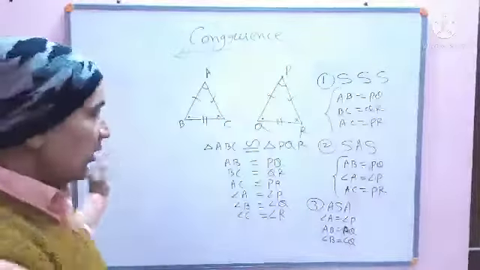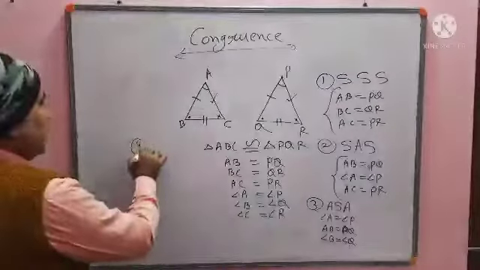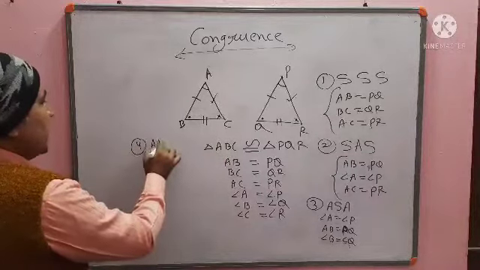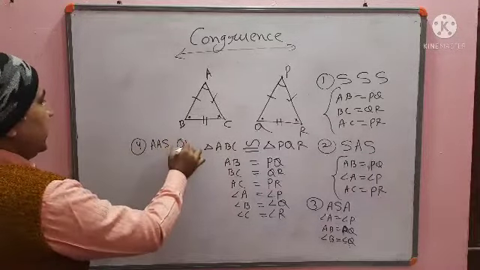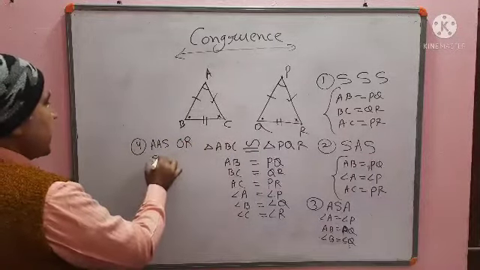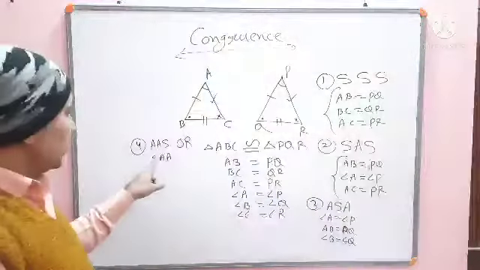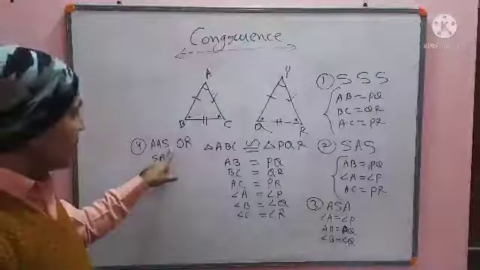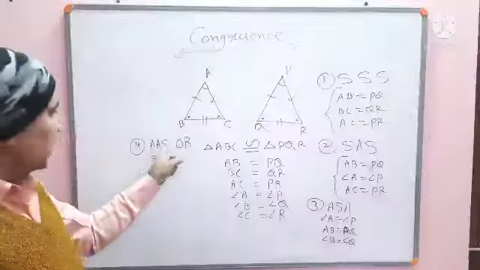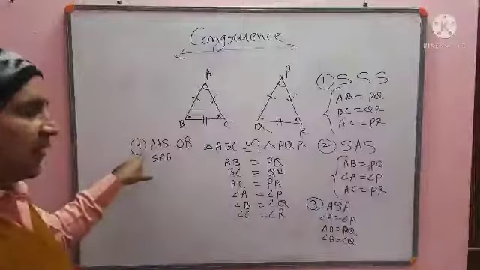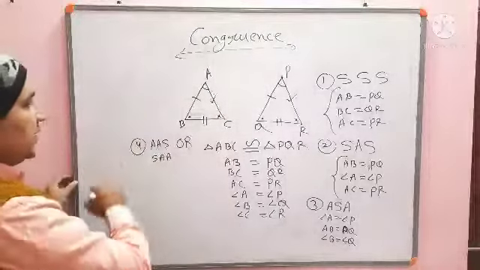Is this clear? Now the fourth criteria. Criteria 4 is angle, angle, side, otherwise side, angle, angle. Two continuous angles and then a side, otherwise in reverse order, side and then angles. How?